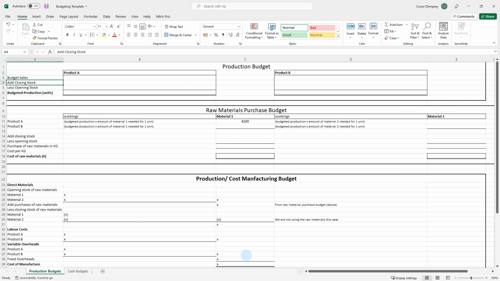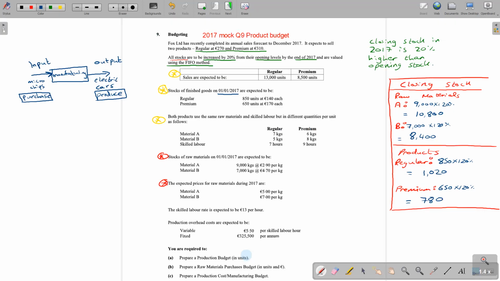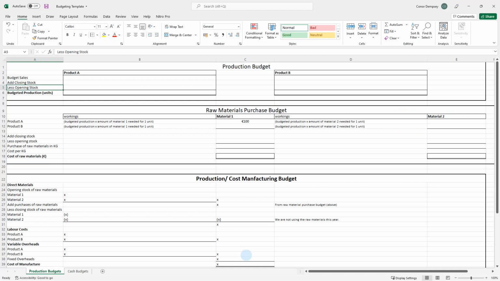We add our closing stock, because what our closing stock represents is goods we have produced that we do not intend to use this year. Whereas opening stock is last year's closing stock. That's goods we created last year with the intent to use this year. So that's why it's less, because if we have an opening stock, then we won't need to produce as many this year.